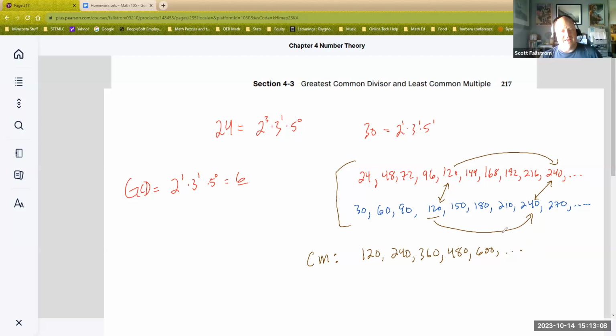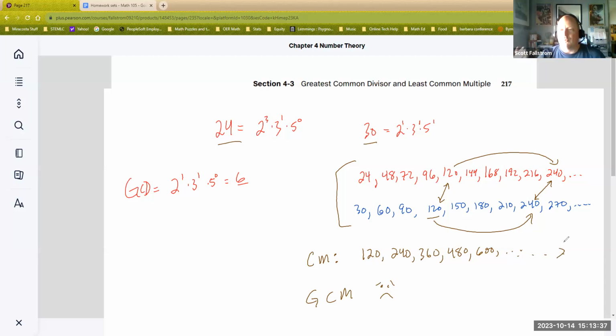You get an arithmetic sequence of all the common multiples of 24 and 30. You'll notice that sequence continues going up by 120 every time. So if we're asking what the greatest common multiple is, I've got a sad face for you, because it just doesn't exist.